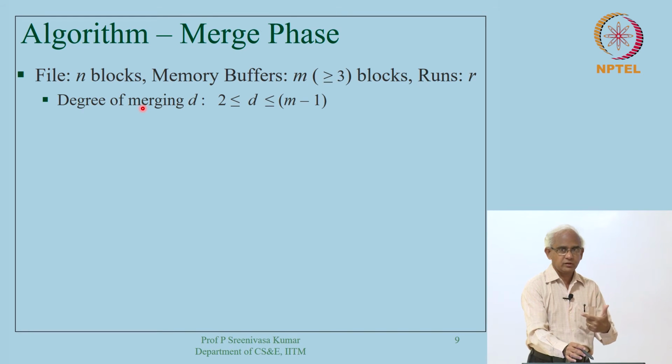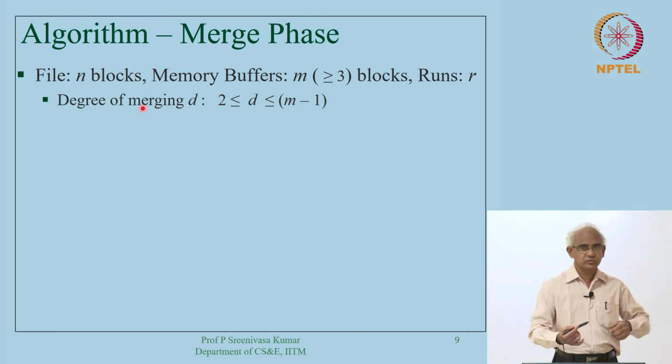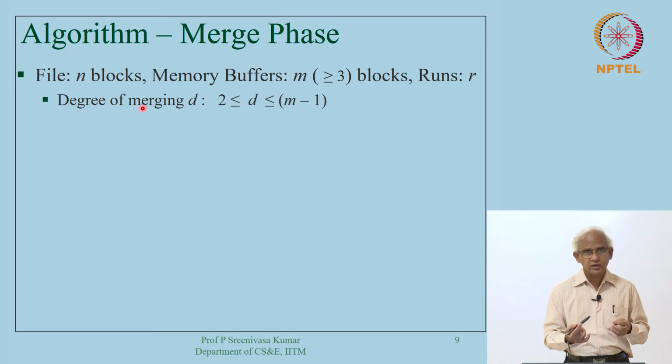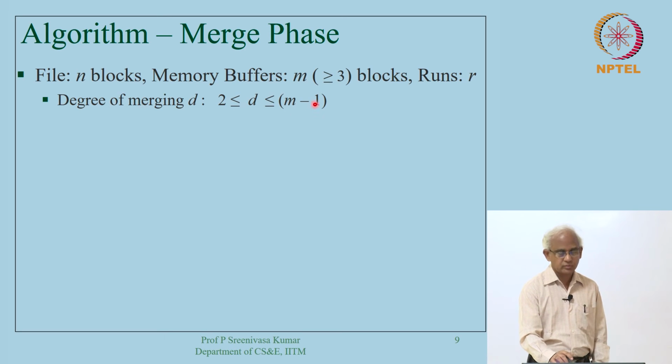But actually here we can do a d-way merging. The d will be at least 2, but can actually be a large number. What is that large number? It is m minus 1, where m is the number of memory buffer blocks that are available to us.